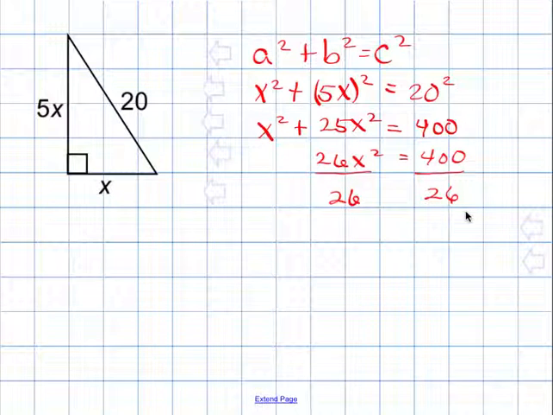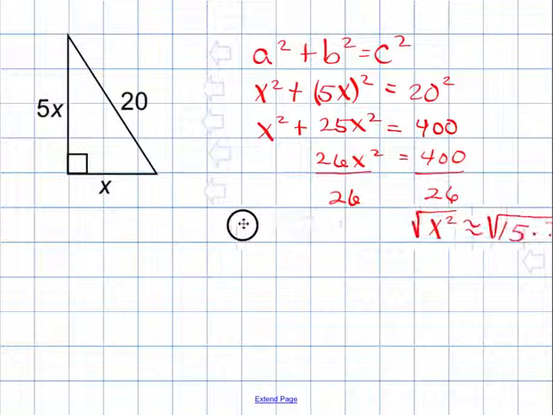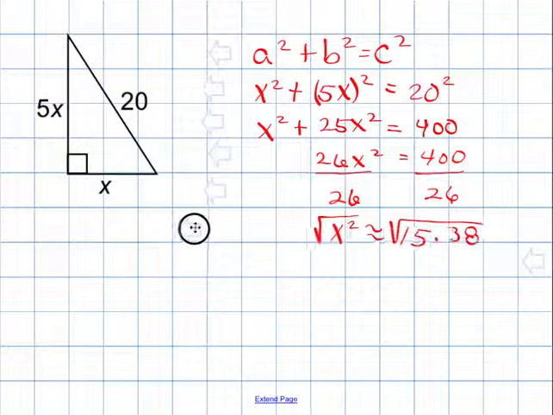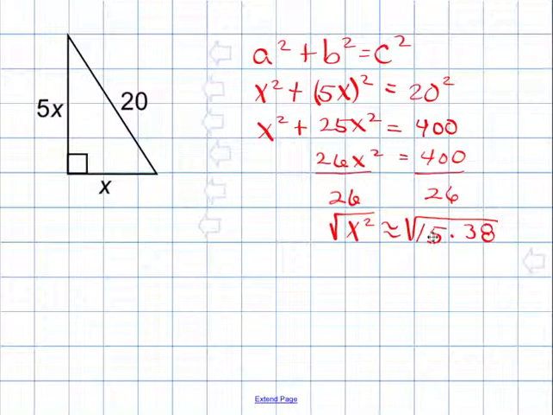We just haven't seen it in this kind of example. And what happens is that we now know that x squared has an approximate value of 15.38. If we use that square root to undo the square, we find that x has an approximate value of 3.9.